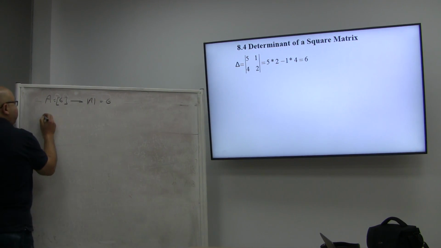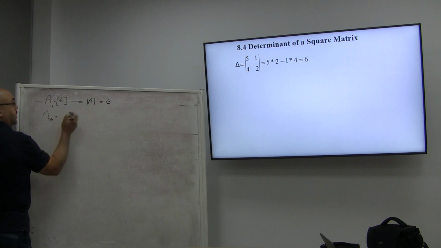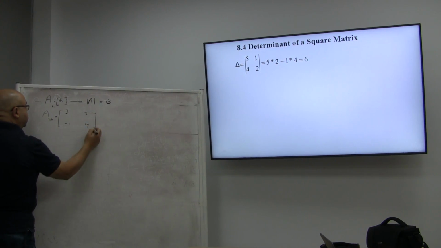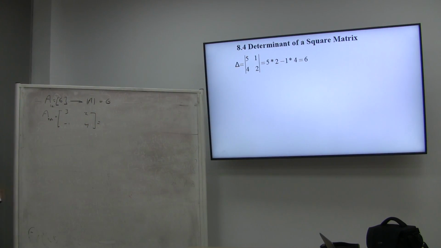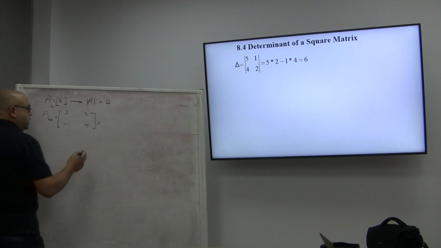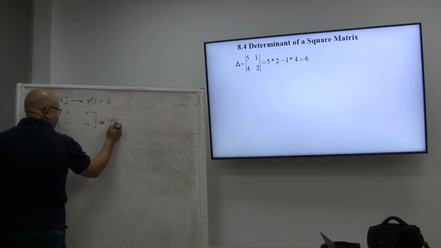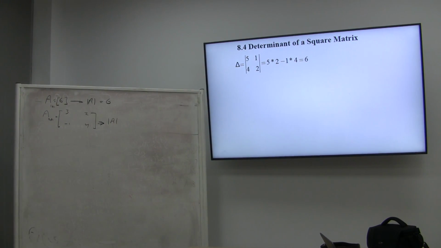If I have A, which is 2 by 2, for example, let's say the matrix is 3, 2, minus 1, and 4. These numbers can be easily put in a determinant. The symbol for a determinant is usually A with a modulus sign, or a magnitude sign like this.